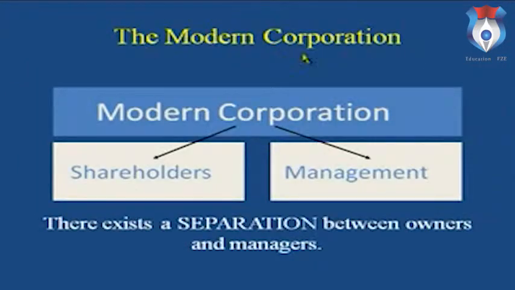Now, from the financial management viewpoint, there is an important characteristic of the modern corporation, and this is the separation of ownership and control. Shareholders are the principals and they appoint management, who is the agent. An agent is assumed to act on behalf of the principal and in the best interest of the principal.